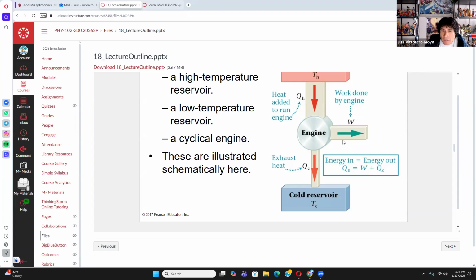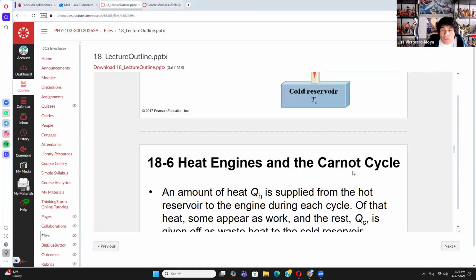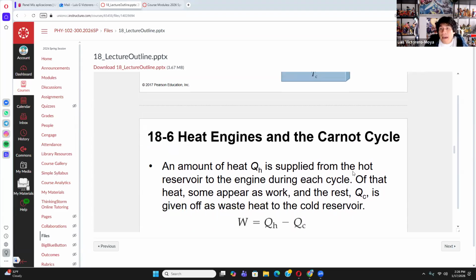Energy in is equal to energy out. So whatever is going towards the engine is equal to whatever is coming out from the engine. So there is an efficiency here. The efficiency is given by the work done by the engine over the heat added to the engine, and that's always less than 100%. The idea with a Carnot cycle is to maximize that efficiency.